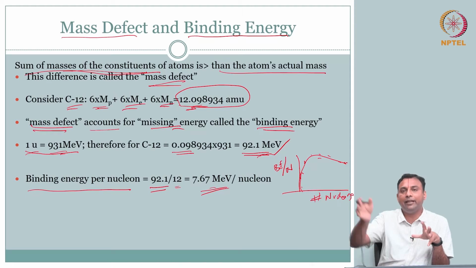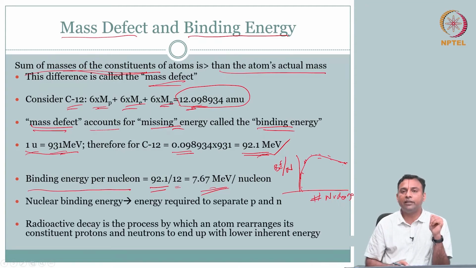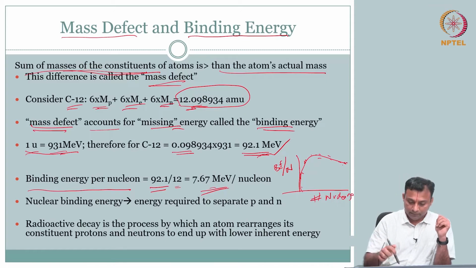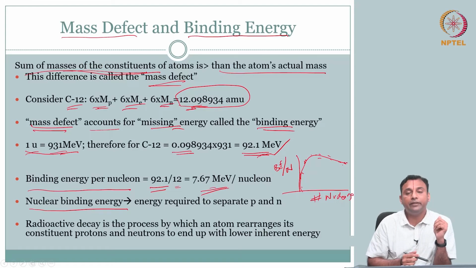It does not really increase continuously; it has an increase and then it kind of plateaus. There is in fact a table, and you can find this plot with exactly which element is lying where. But the idea here is nuclear binding energy: the energy required to separate the protons and neutrons, the constituents of your nucleus.